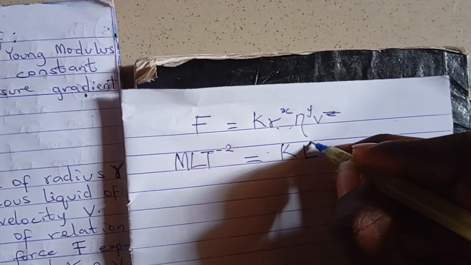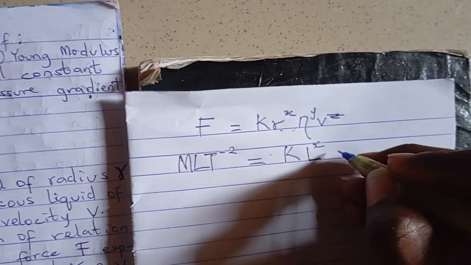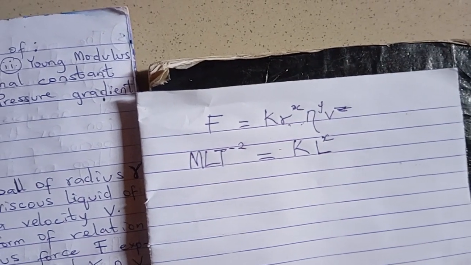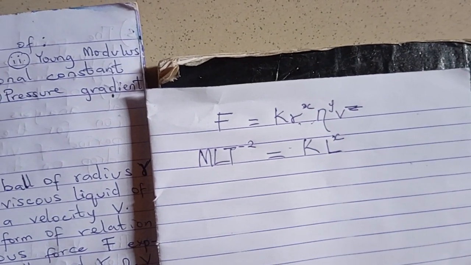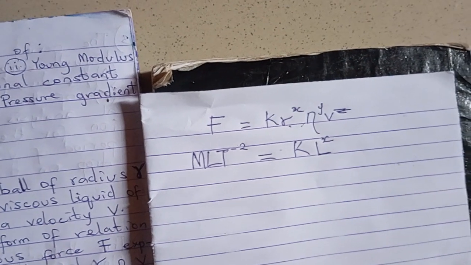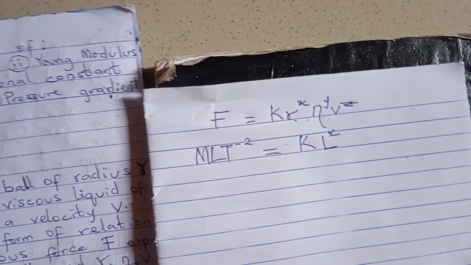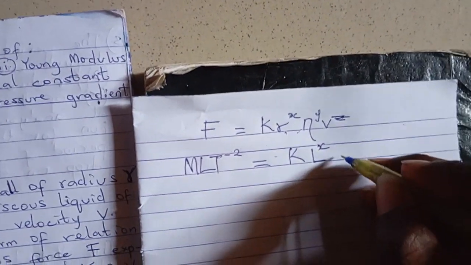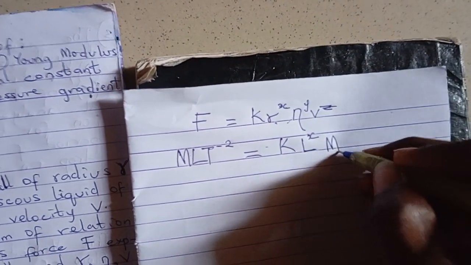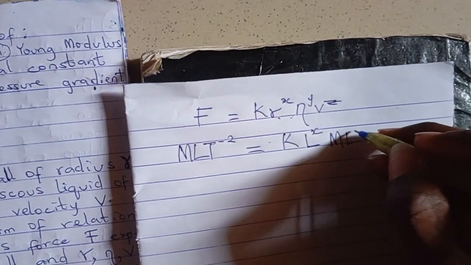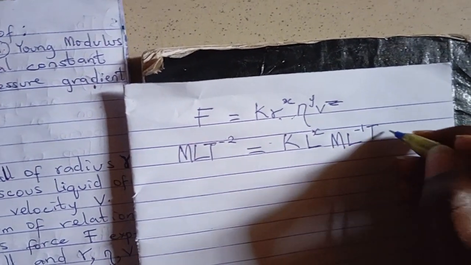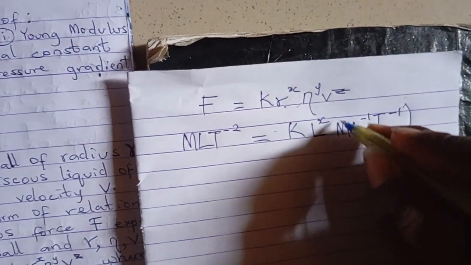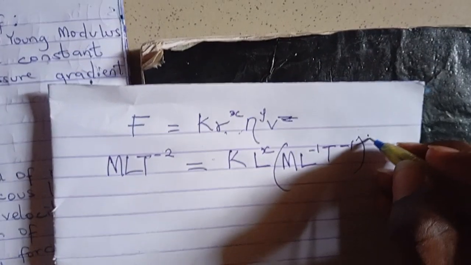So L to the power X. Viscosity, from our previous class, we said is the ratio of force to the product of area and velocity gradient. And in that class, we got viscosity to be M L^-1 T^-1. That is what we got viscosity to be. So everything here is raised to the power Y.